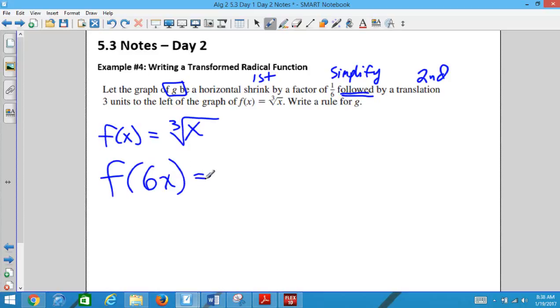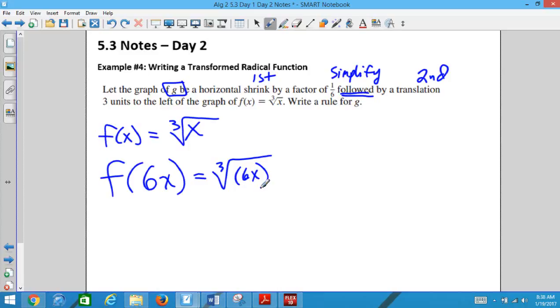So I do f of 6x. And wherever I see an x, I'm going to take out that x and replace it with 6x. Wherever I saw an x, I made it a 6x. So that's the first thing. Then it says followed by. So that means, okay, stop, simplify.